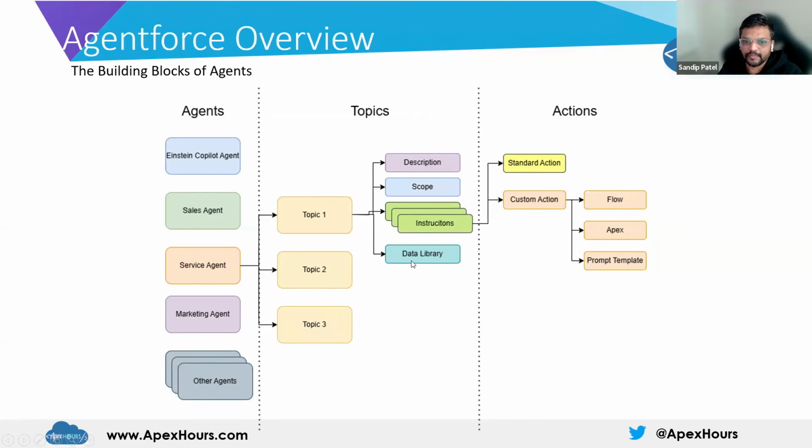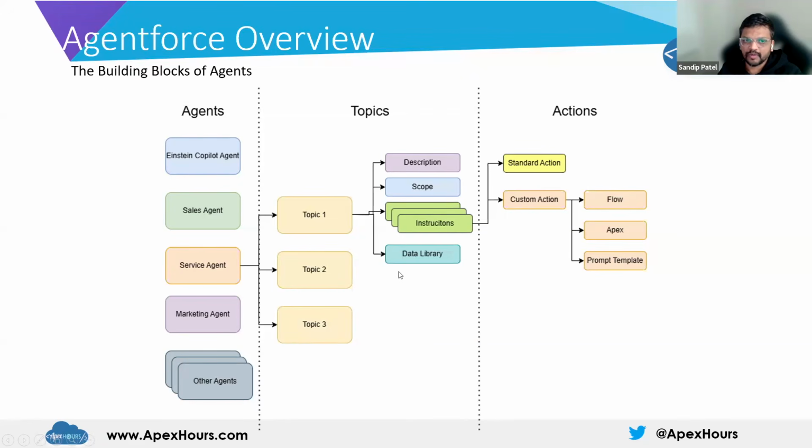And then they are connected with the data libraries. Data libraries again have two things: one is the knowledge base and one is the file upload. You can upload any file, and that file can be processed in the backend using Data Cloud. Indexing and segmentation are all done in the backend. As long as you upload the file, it will start the process, and then it can talk through that PDF.